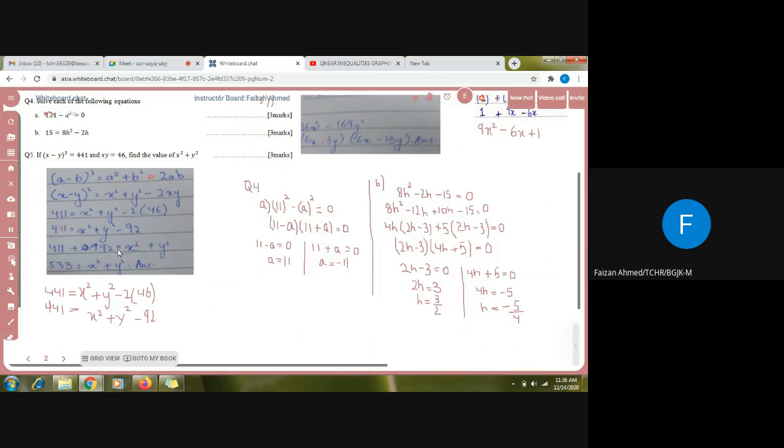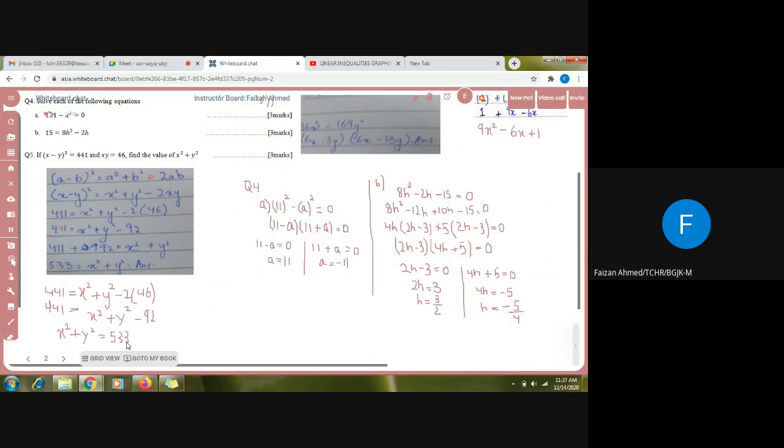It will get added, and when 441 is added to 92, I get the answer 533. So the value of x square plus y square is 441 plus 92, which gives an answer of 533.